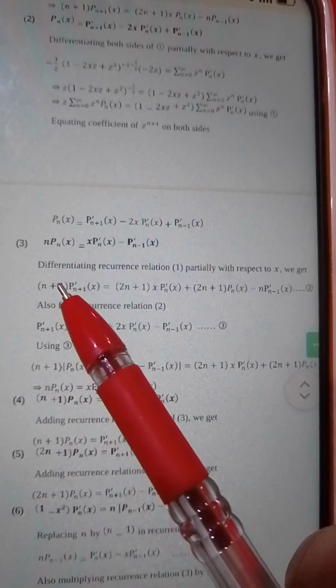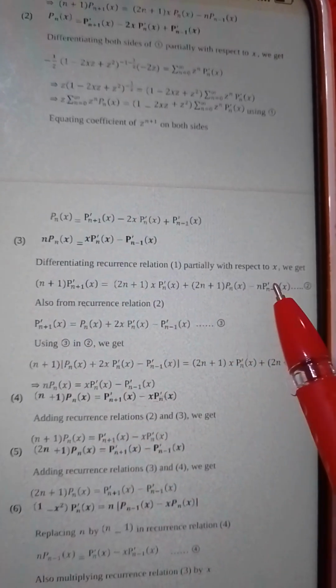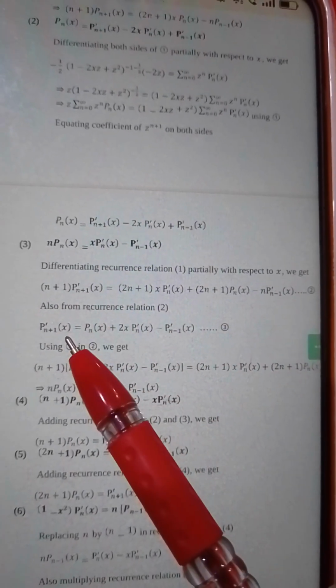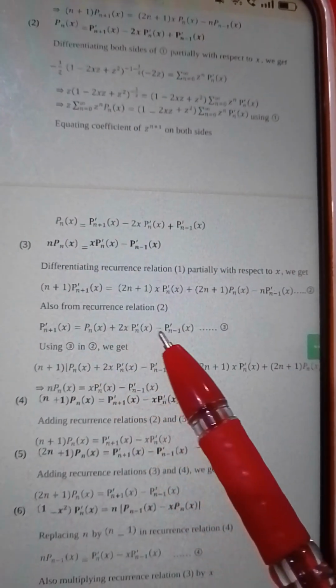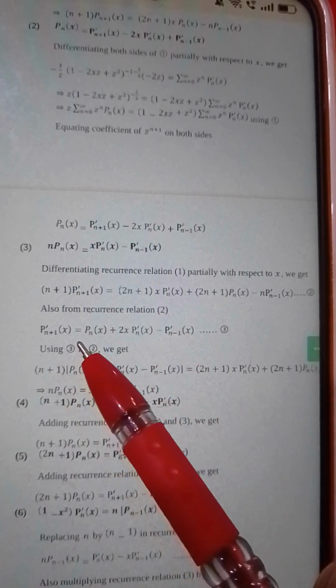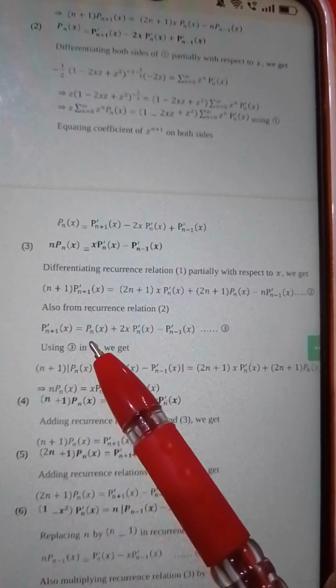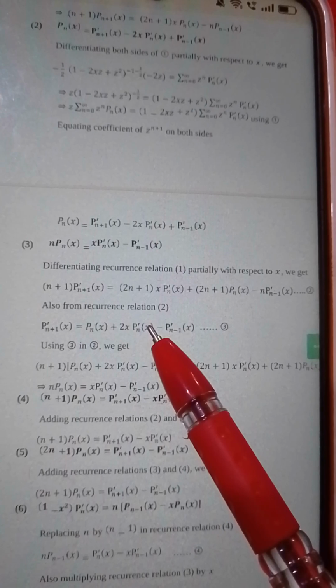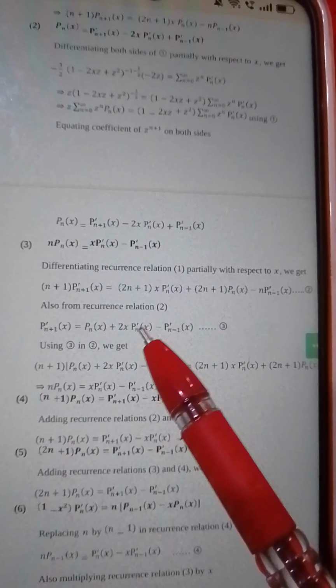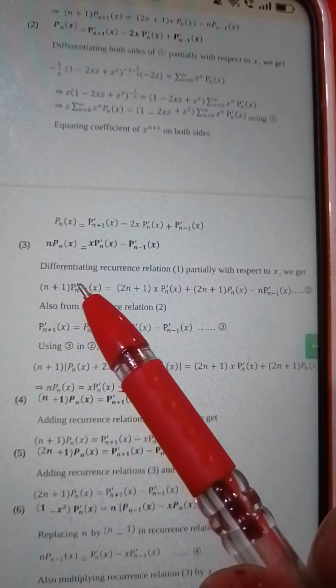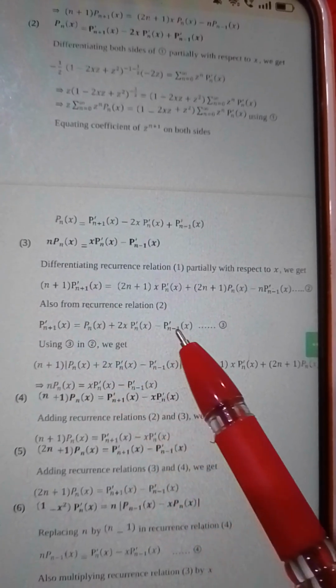And from the second recurrence relation, this was our second recurrence relation, we can write like this, using 3 in 2. 3 in 2 means this is our third recurrence relation and this is our second recurrence. Second step, third step. So in place of p dash n plus 1, we are writing it.